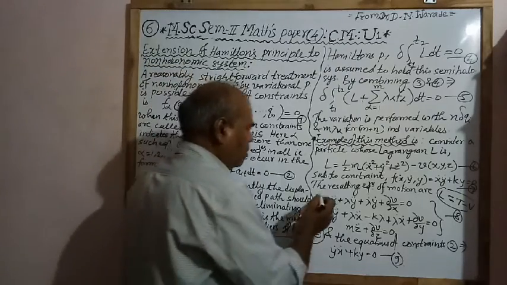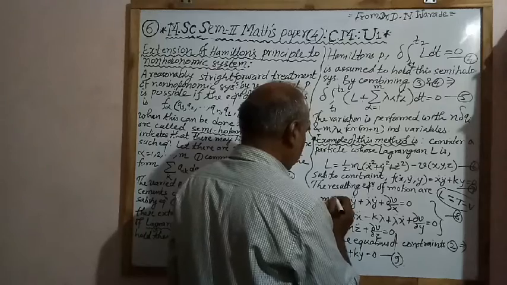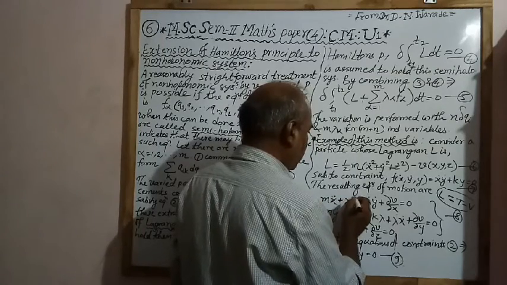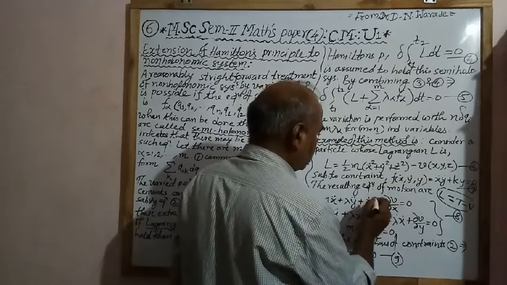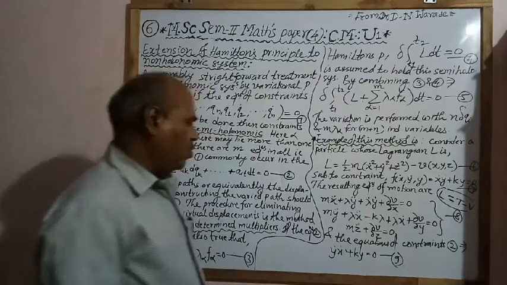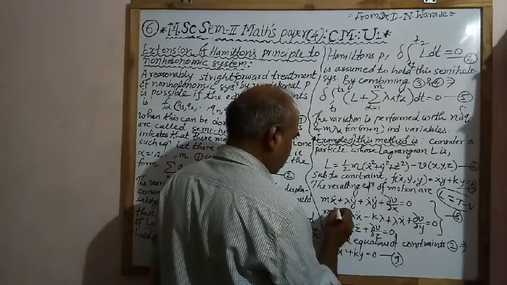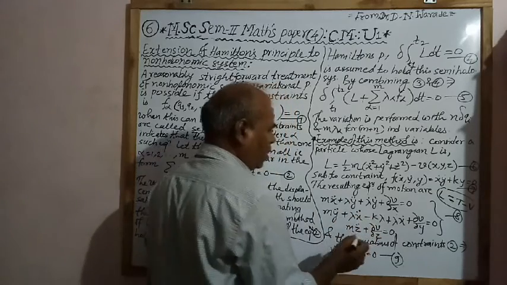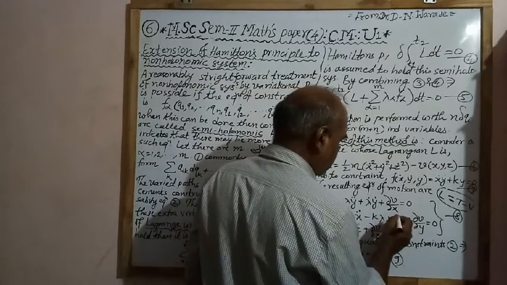The resulting equations of motion are given by m x double dot plus lambda y double dot plus lambda dot y dot plus del V by del x equal to 0. Second equation: m y double dot plus lambda x double dot minus k lambda plus lambda x double dot.